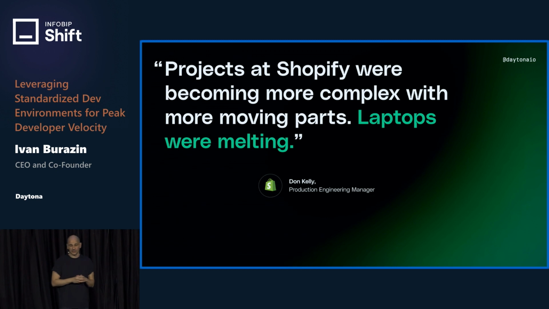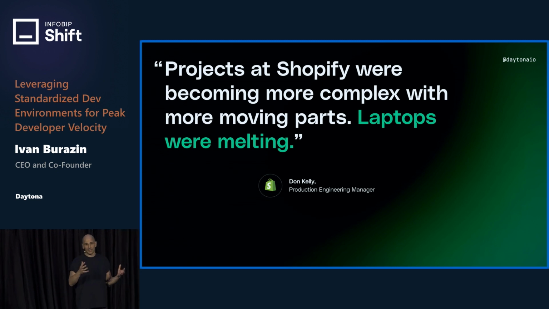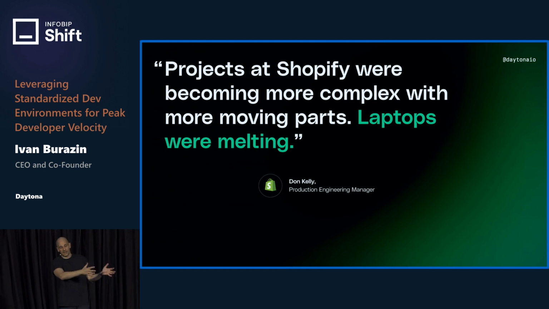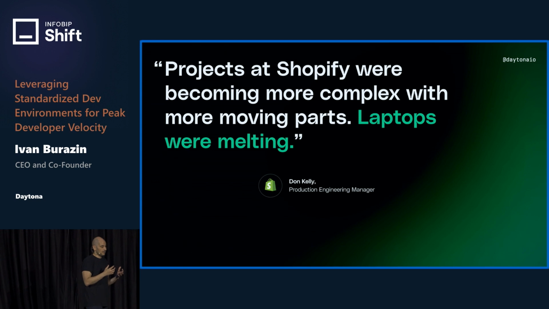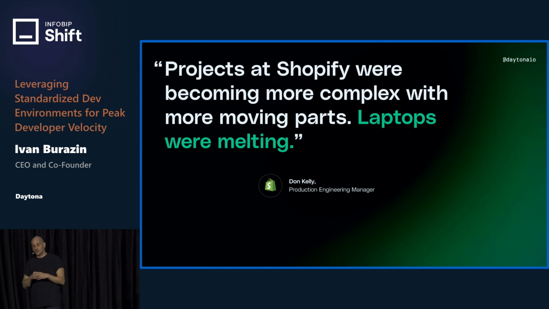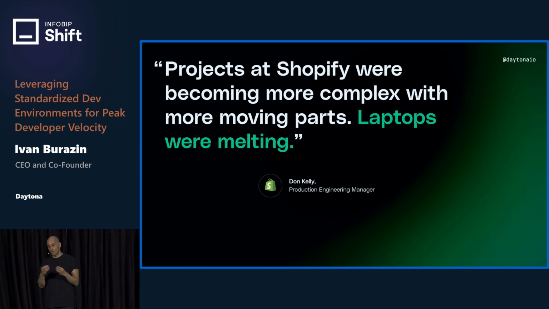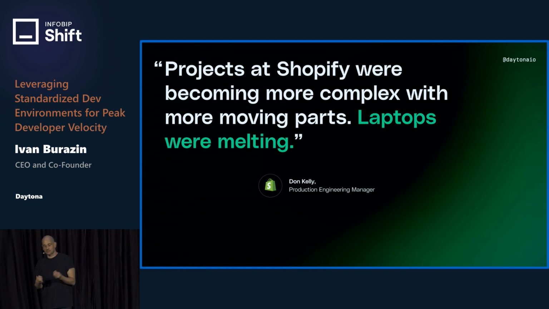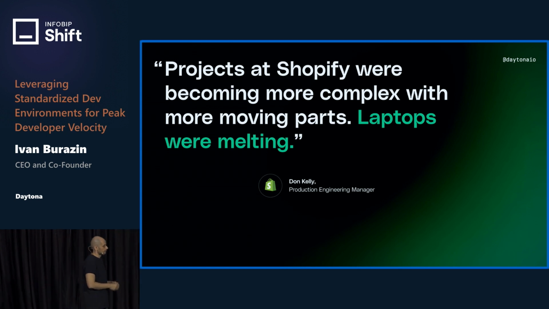And so they had to solve it: when we have these big projects, how do we get our engineers to have these environments somewhere off their machine where they can use it properly? Looking at what they've done at Shopify has been an inspiration for how we think about standardized development environments, which is you have one standard, one command to spin up your development environment wherever it suits you best. Be it local, be it in the cloud, be it multiple, whatever, it always works.